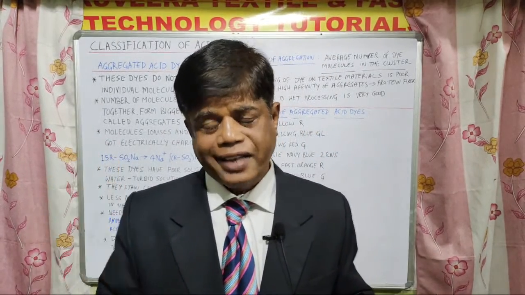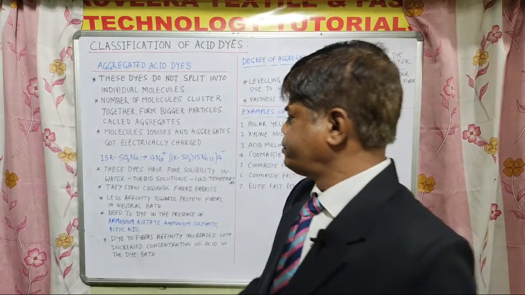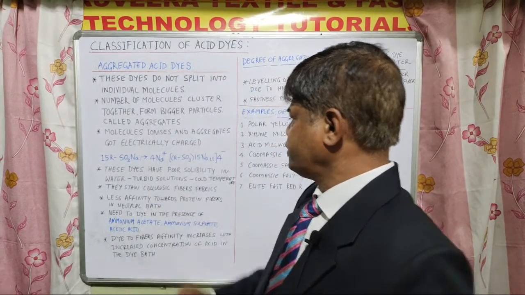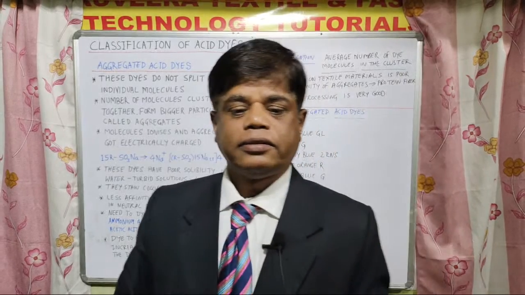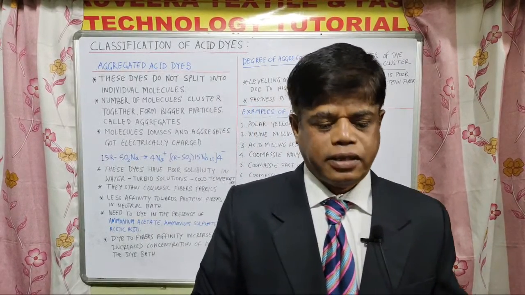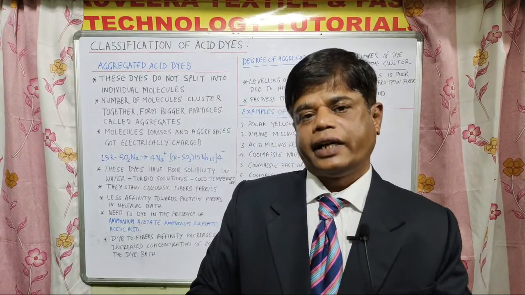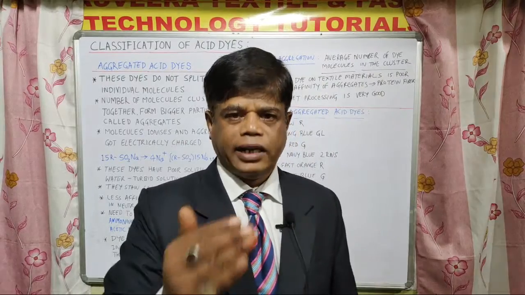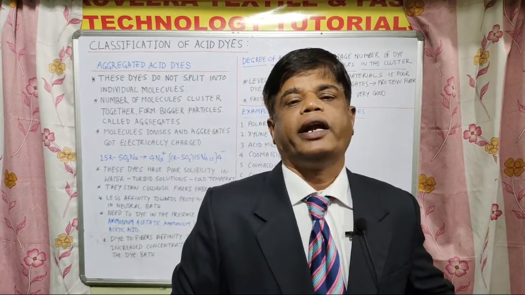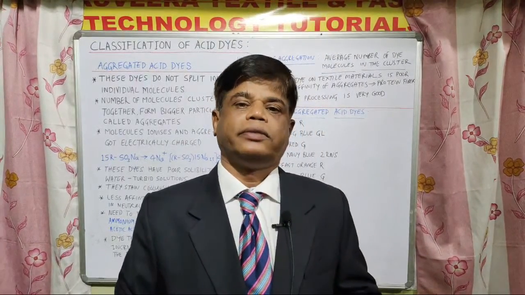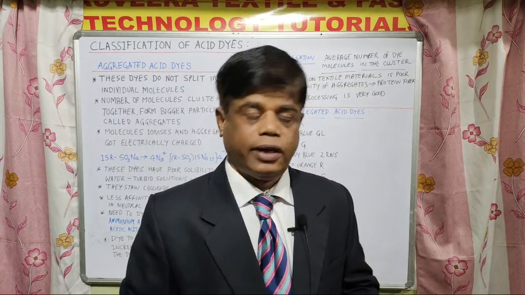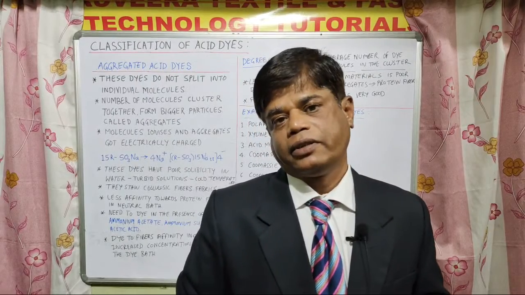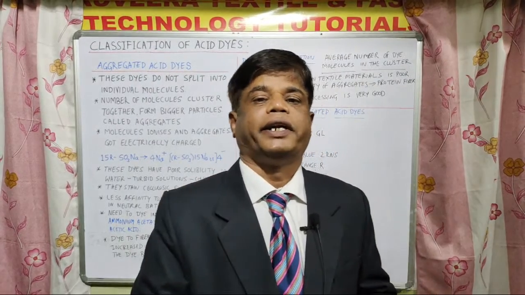And in these cases, friends, they stain cellulosic fabrics. Yes, because these aggregated acid dyes, mainly acid dyes, are made for protein fibers, silk, wool, or amide content, that is nylon. Why cellulosic fibers? Definitely it will make stain.